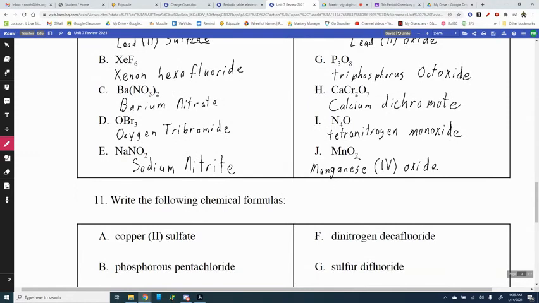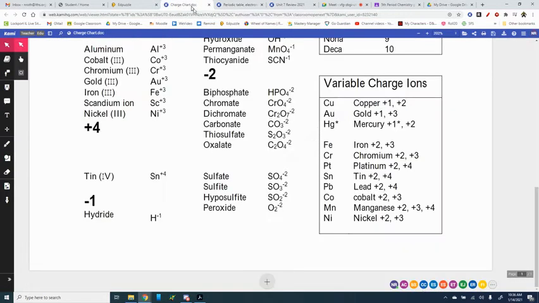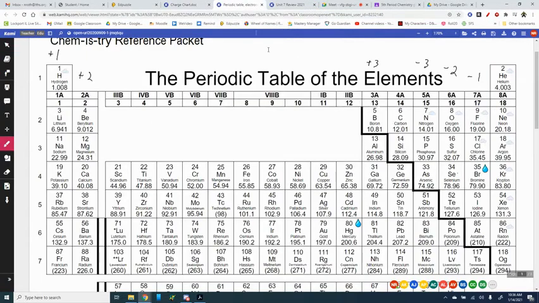There we go. All right, and I actually want to do one extra one because this didn't come up. So let's say we have Cu2S. Okay, so same situation. We're going to identify the 2 parts. Cu is right here. S is right here. Cu is a metal, so that's going to be an ionic compound. We're going to check our charge chart. Cu is on the variable charge chart. So we do need Roman numerals. S has a charge of -2.